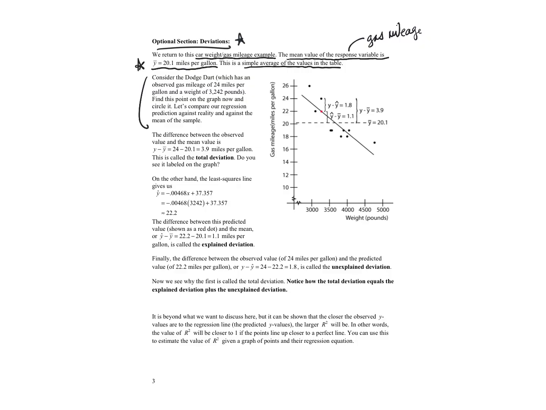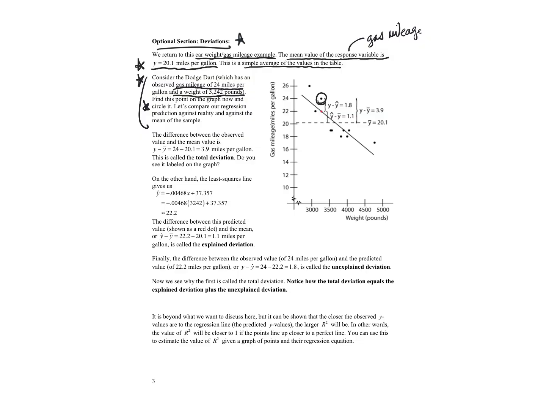Now, think about just one particular car, the Dodge Dart, which had an observed gas mileage of 24 miles per gallon and a weight of 3,242 pounds. If you find this point on the graph, you can circle it. Go ahead, do that now. I'm just going to do it real quick right there.